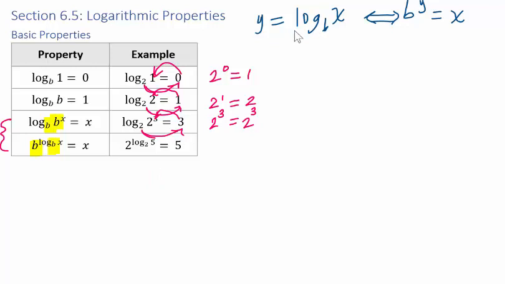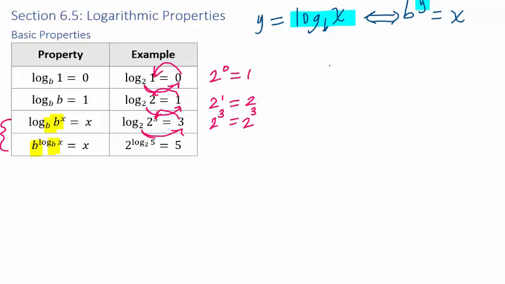Well, let's go back to this conversion formula and just see if we can kind of prove this property. Since y is equal to log base b of x and b to the y is equal to x, it makes sense if we make a substitution. Instead of y, in the second equation, we put log base b of x.